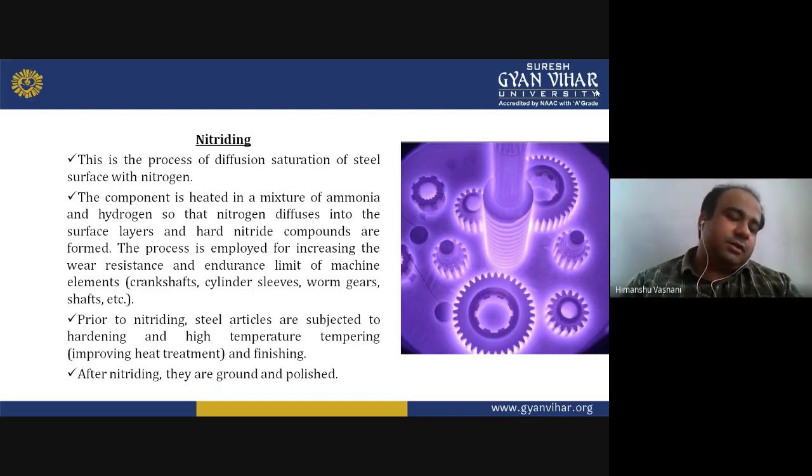This is the process of diffusion saturation of steel surface with nitrogen. Now nitrogen is coming into action. So far we have studied carbon and all that. Now what happens?